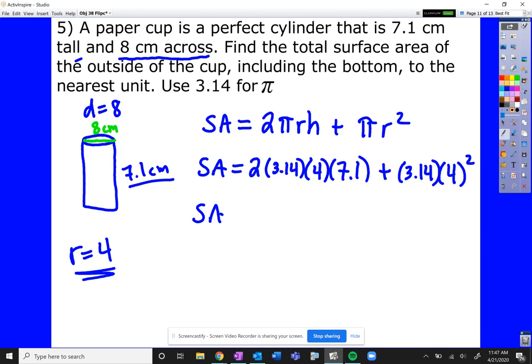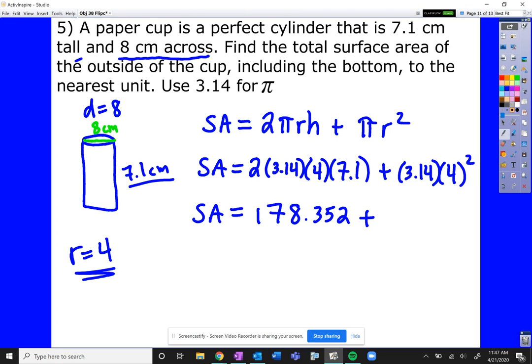Exactly what we've been doing, except there is no second 2 in the formula. That's it. All right, here we go. 2 times 3.14 times 4 times 7.1.